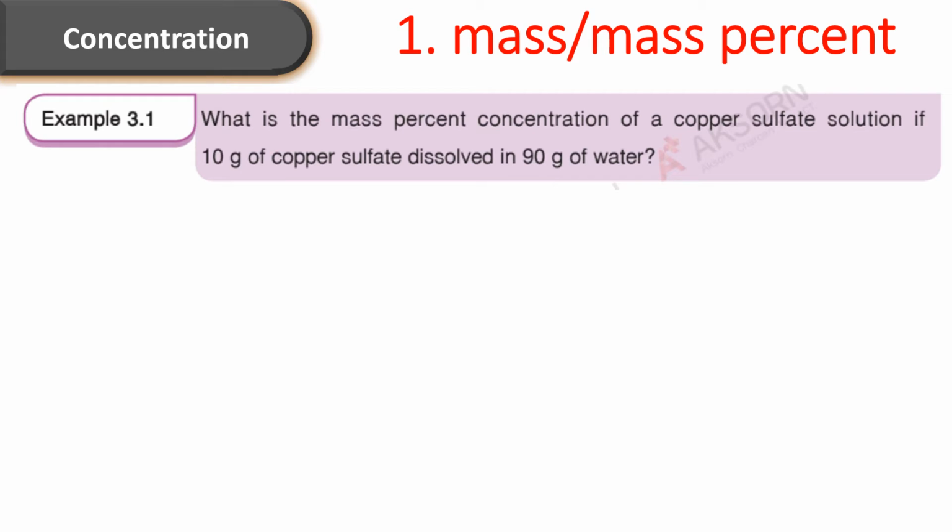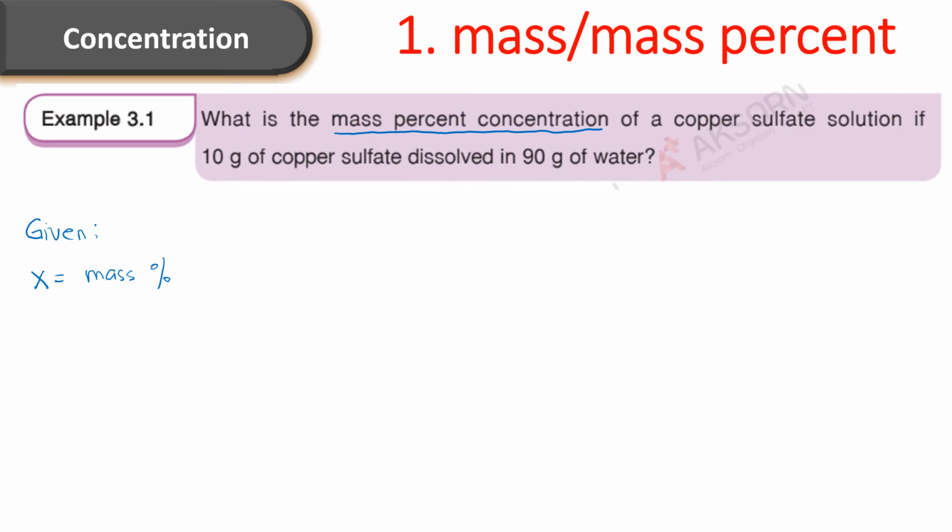Let's look at our example. What is the mass percent concentration of a copper sulfate solution if 10 grams of copper sulfate dissolve in 90 grams of water? For our case, we are looking for the mass percent concentration. Let's have first our given. Let X be our mass percent concentration.